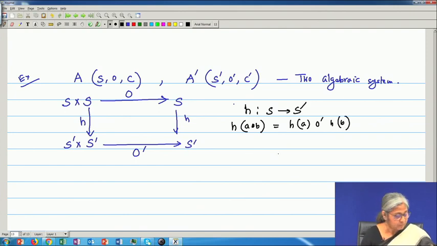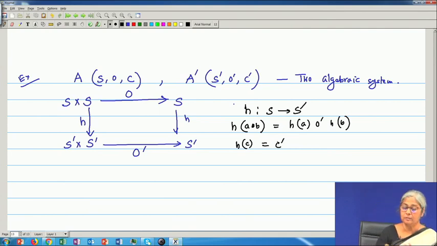And if I consider some constant, then H of C is equal to C dash. So, this is the general definition of homomorphism and graphically it will show in this nature.